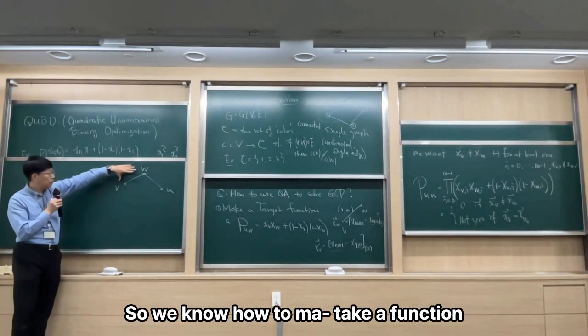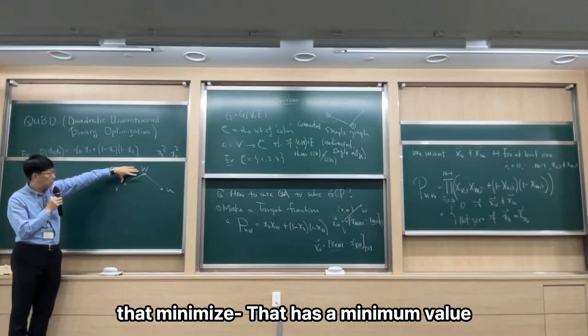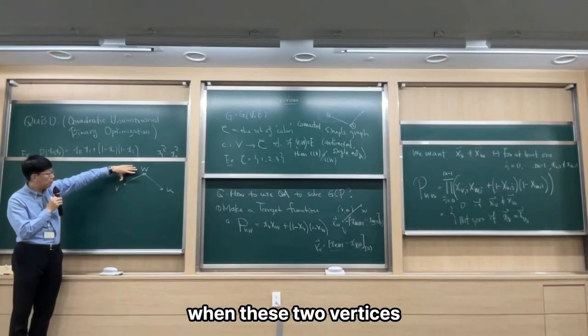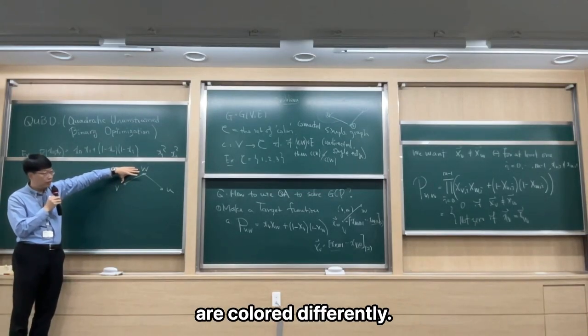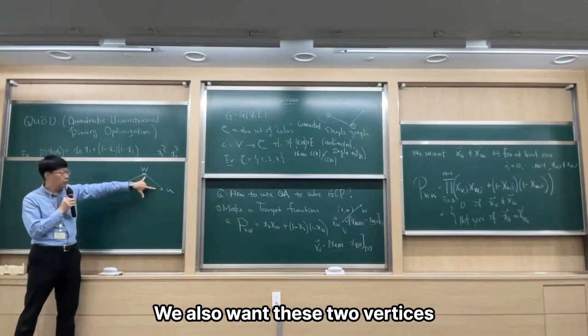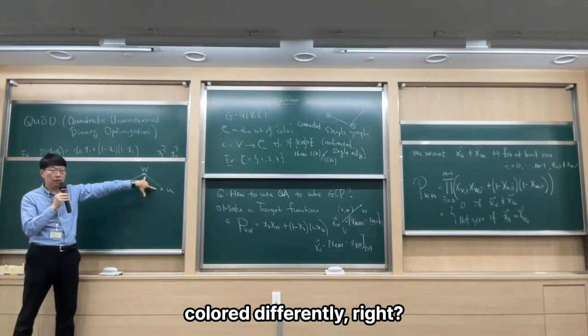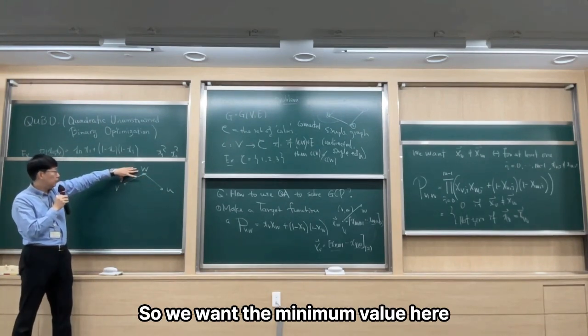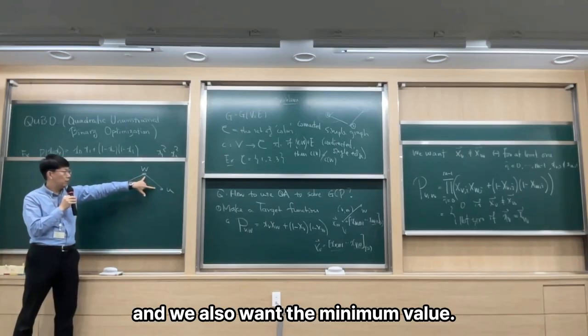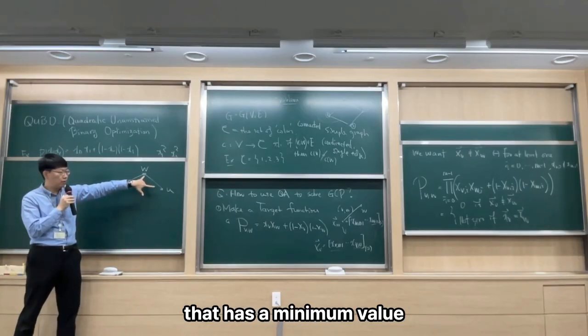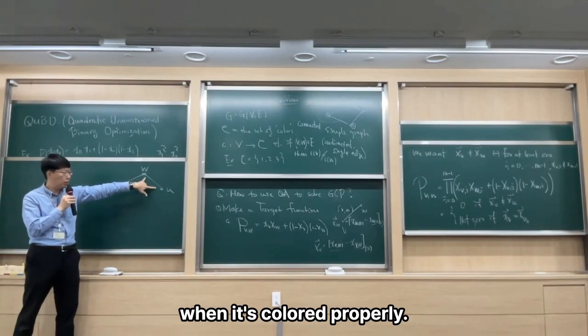So we know how to take a function that has a minimum value when these two vertices are colored differently. We also want these two vertices colored differently, right? So we want the minimum value here, and we also want the minimum value there. We want the target function to have a minimum value when it's colored properly.